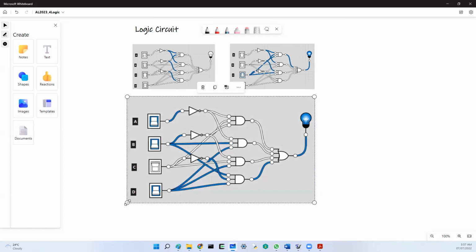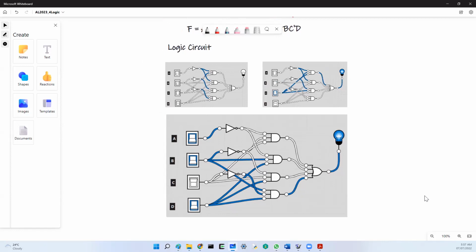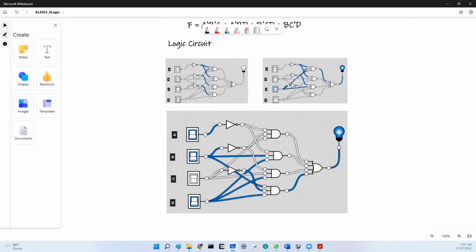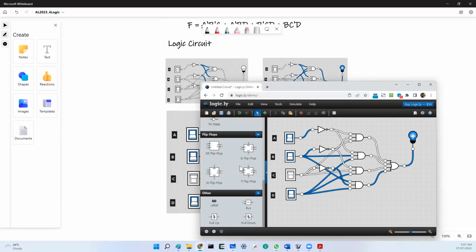I think this is enough, right? Okay, so now that we have drawn the circuit, the actual one is, you know that we have to get ICs to build this one.